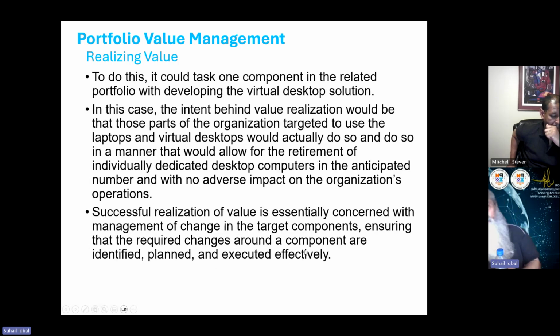To do this, it could task one component in the related portfolio with developing the virtual desktop solution, whatever kind of mechanism you want to develop. In this case, the intent behind value realization would be that those parts of the organization targeted to use the laptops and virtual desktops would actually do so, and do so in a manner that would allow for the retirement of the individually dedicated desktop computers in the anticipated number and with no adverse impact on the organization's operation.